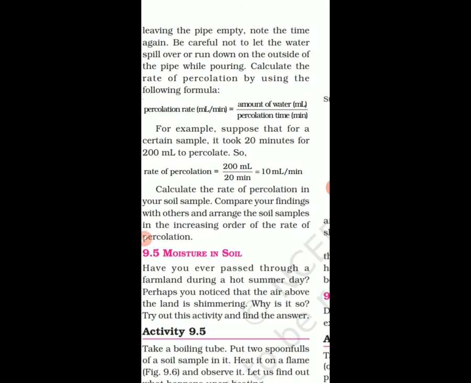It will come different in different types of soil, right? If you take a sandy soil, its percolation rate will be the highest, क्योंकि वो बहुत जल्दी एब्जॉर्ब कर लेता है सैंड है वो, right? So it will be different according to quality of soil.